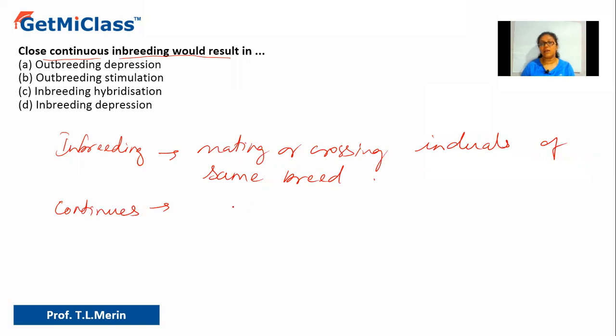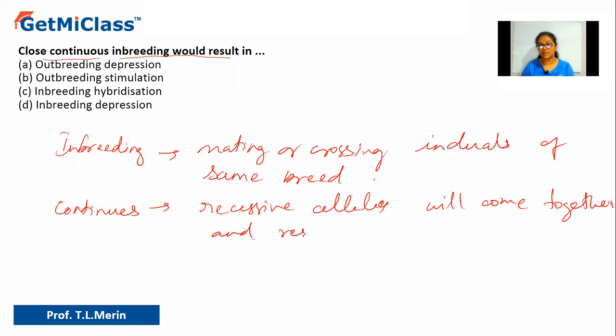what will happen? The recessive genes or the recessive alleles will come together and result in homozygosity. Why are we saying this?